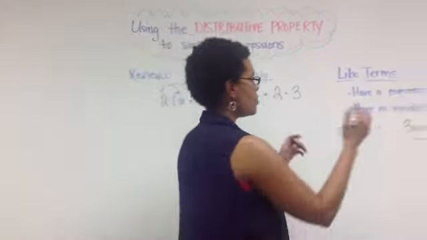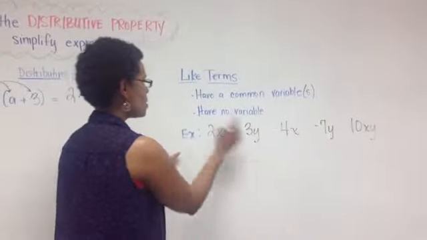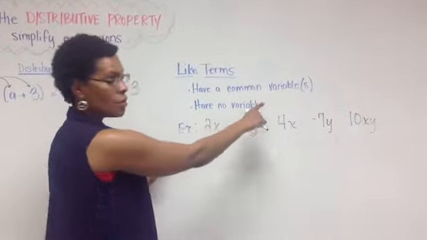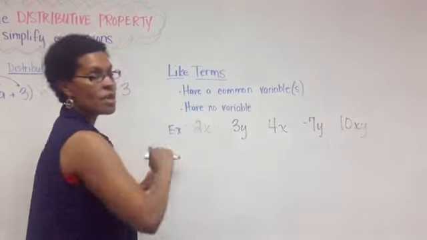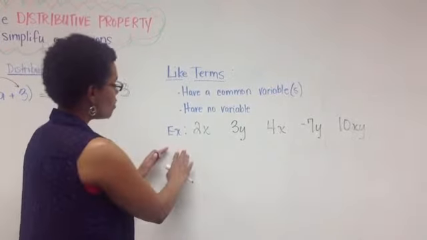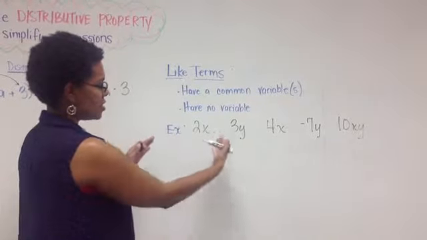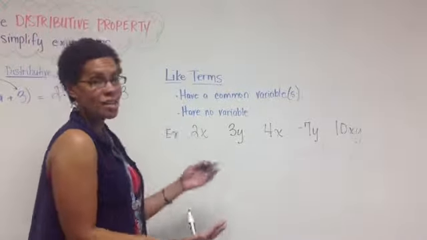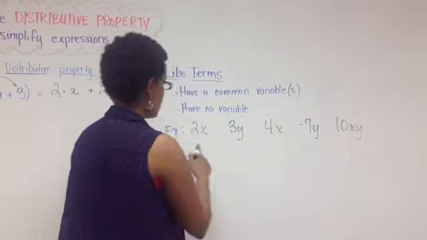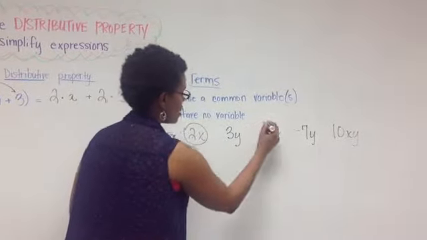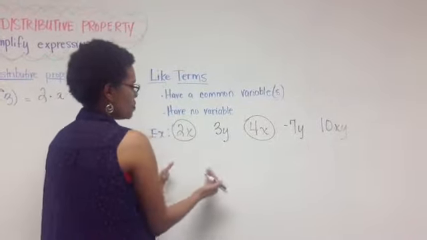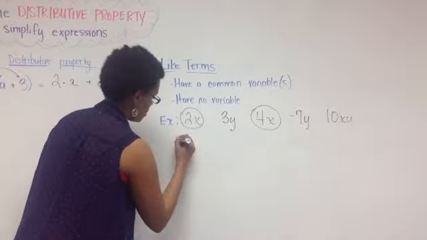Also want to review that like terms are terms that have a common variable or variables, or sometimes in some cases they have no variable at all. So if we were going to look at this list of terms and combine our like terms, we would take everything with an x, like 2x, 4x, we would say those are like terms.